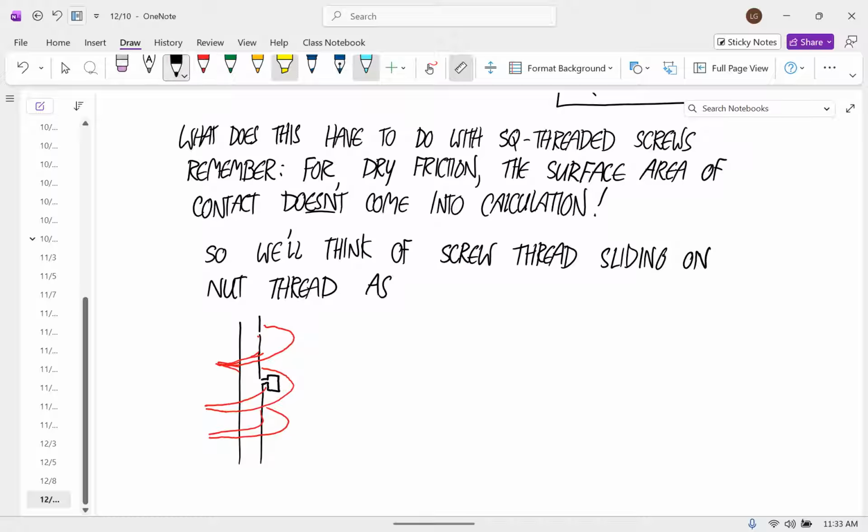You with me on that? So the red is like the thread of the nut. And as you turn this screw, that little box is just sliding its way up the ramp. Okay? And we're unscrewing?